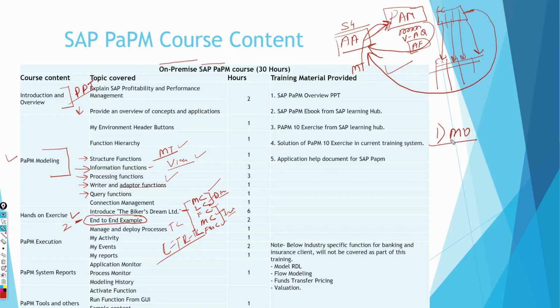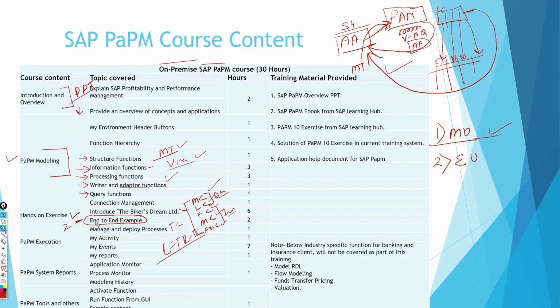Once the modeling is complete, we'll connect it to end user activity. First I will show you the post back using the modeling user activity. Then I will show you how to create the end user activities, and perform the same things from the end user screen.